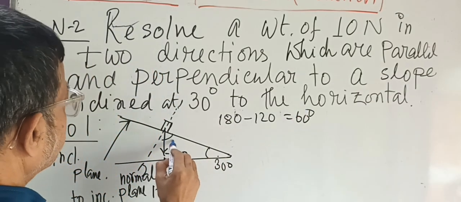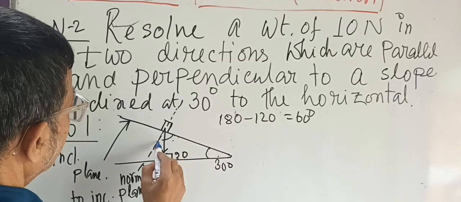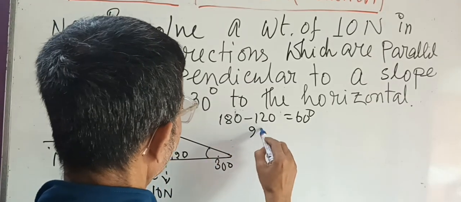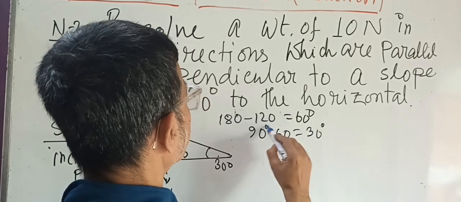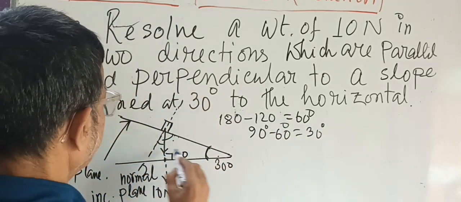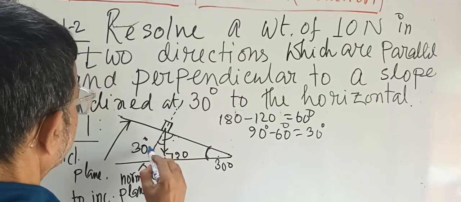This will be 60 and this is 90, this is perpendicular to this one, so obviously it would be 90 minus 60 is equal to 30 degree. Right, so if it is 30, then this angle is also 30 degree.